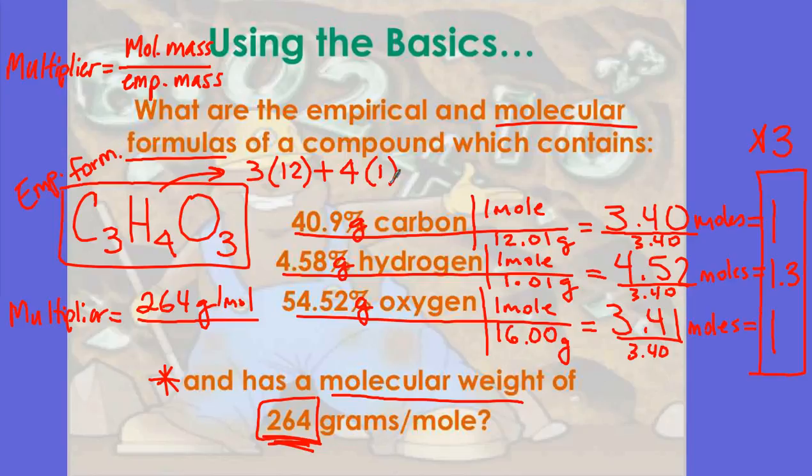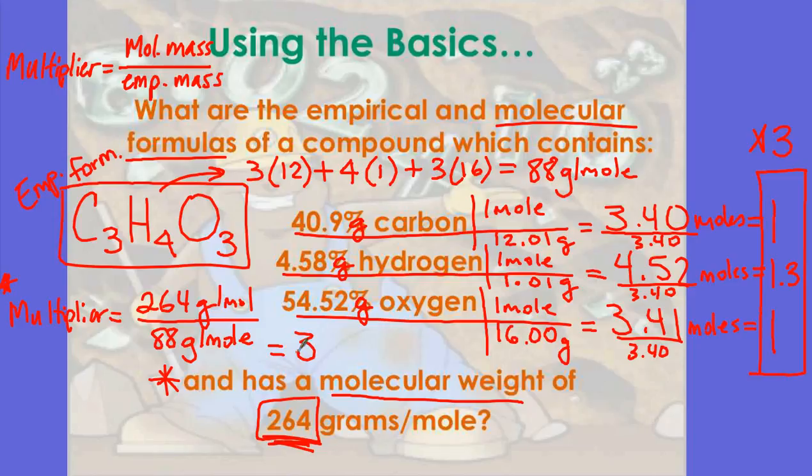We'll say hydrogen has a mass of 1, plus 3 oxygen, which has a mass of 16. 3 times 12 plus 4 plus 3 times 16, my empirical mass is only 88 grams per mole. Figuring out my multiplier, 264, my molecular mass, divided by 88 grams per mole. 264 divided by 88, I get a multiplier of 3.